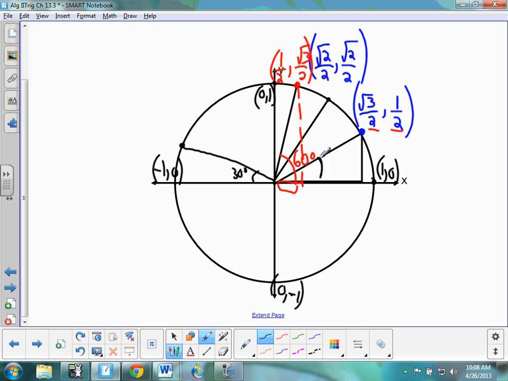The x distance is negative. I'm traveling in a negative direction. So it's negative root 3 over 2, comma, the y distance is still positive, positive 1/2. And that comes from our reference angles. Okay, stop there.